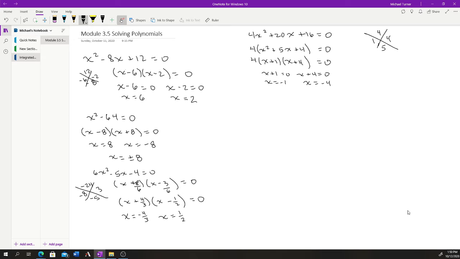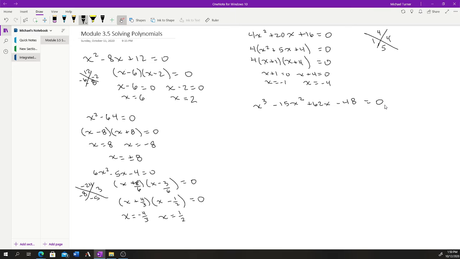Okay, so those are all well and good, but what if I have a higher level polynomial? So let's say I have something like x cubed minus 14x squared. Oh, we'll change this. Let's make it minus 15x squared plus 62x minus 48.